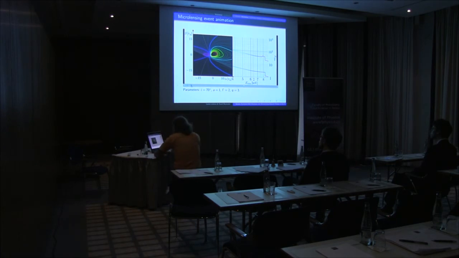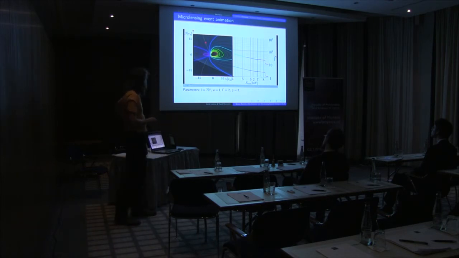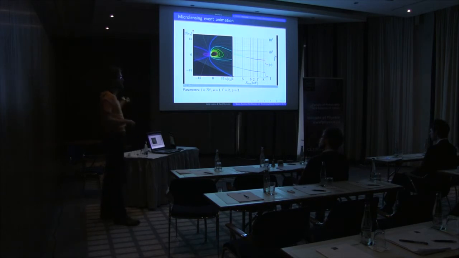And after a few seconds, for example now, you can see that the lensed spectrum looks approximately the same as the raw spectrum, but multiplied by a constant, and it's caused by the higher amplification factor inside the caustic than outside, but inside it is approximately a constant amplification factor.